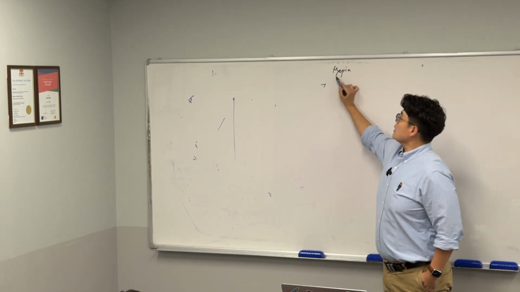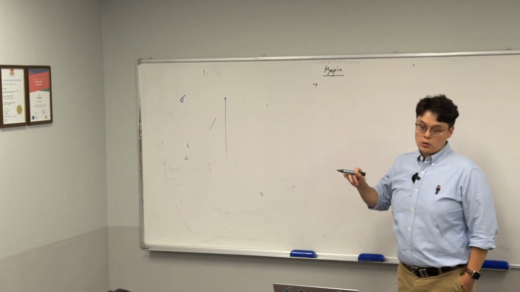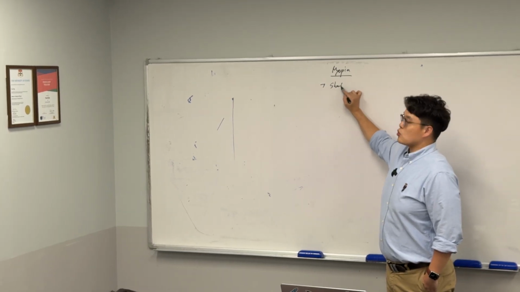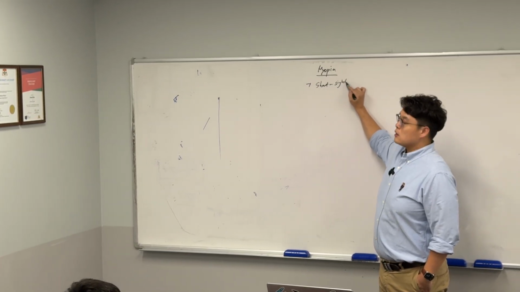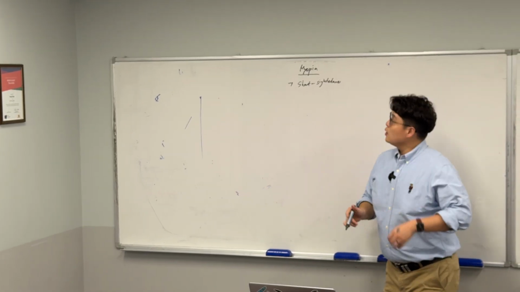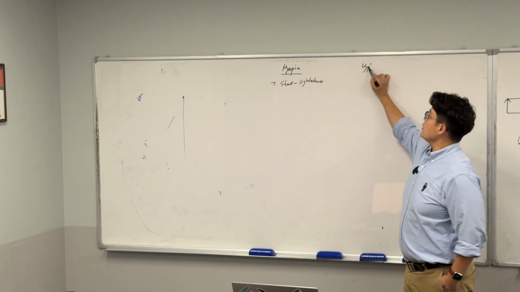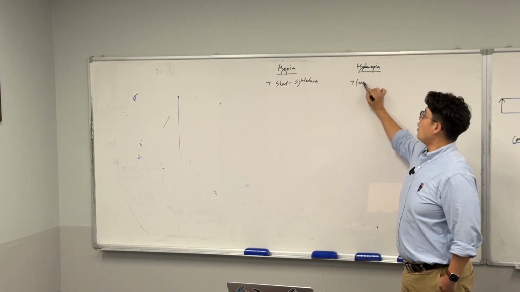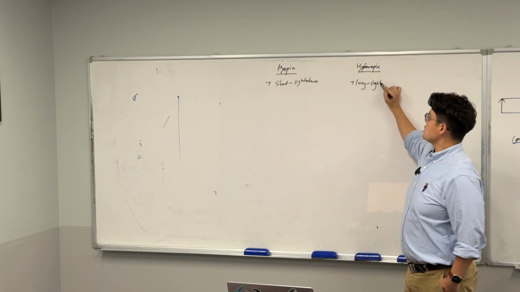It is the medical term, but in everyday terms we use short sightedness. It's called myopia. We have hyperopia, known as long sightedness.